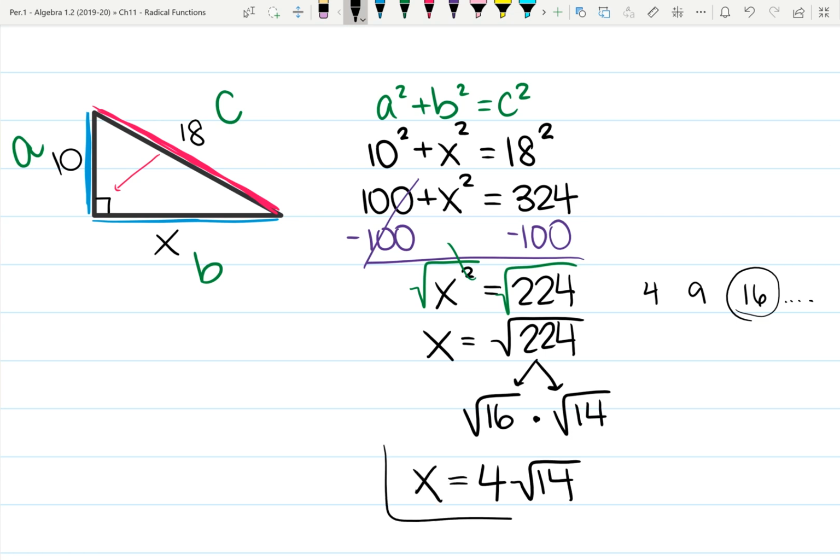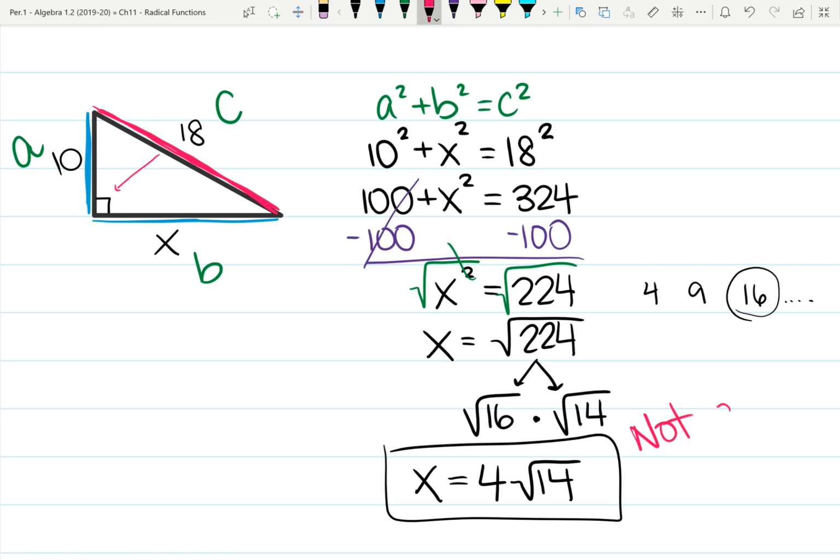X is equal to this. And that's what I mean when I said earlier in my directions to leave things in simplest radical form. So we are not rounding, right? You are not doing decimals.